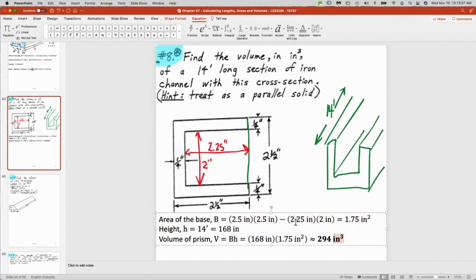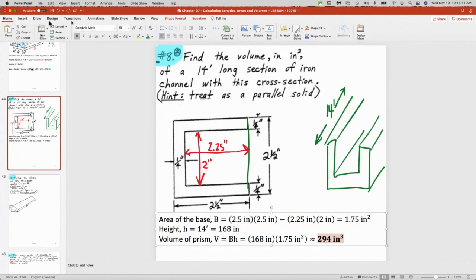I hope you can appreciate why I went a little bit quicker on this question, because we've seen the formula already in the previous example, and really the challenge with these questions with parallel solids is getting the correct area for the cross-section. Once you have the cross-sectional area, then the remaining part of the question doesn't really become too dangerous.